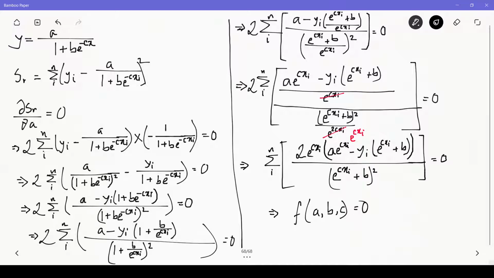So for the sake of completion, let me write the equation for the next two parameters as well.